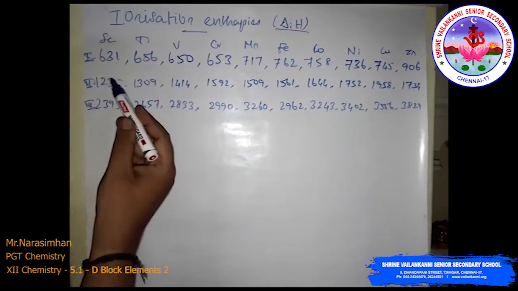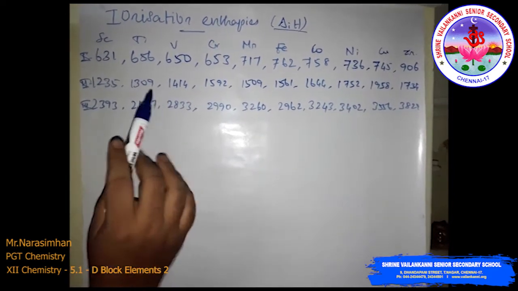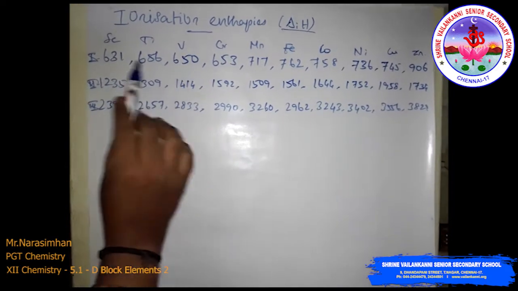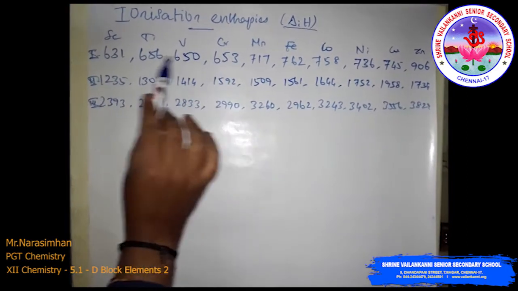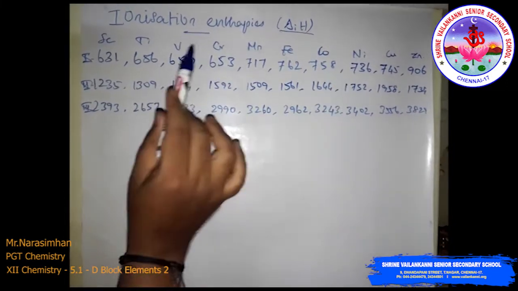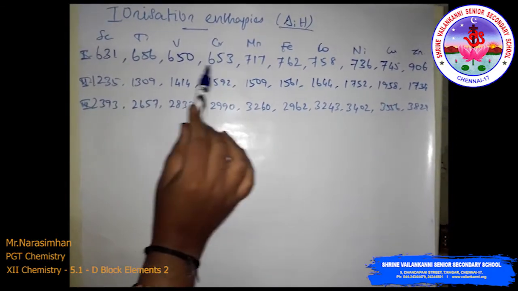In the same way, the second and third ionization enthalpies also increase. See, there are some irregular trends in the first ionization enthalpy of the 3d metals. This is the 3d series, scandium to zinc. This has little chemical significance.